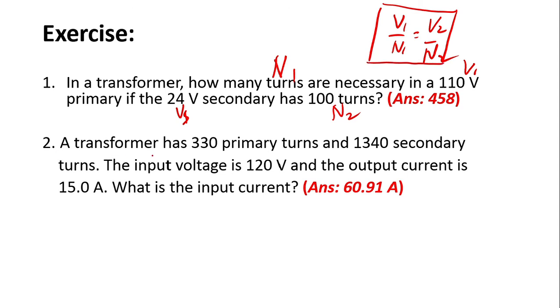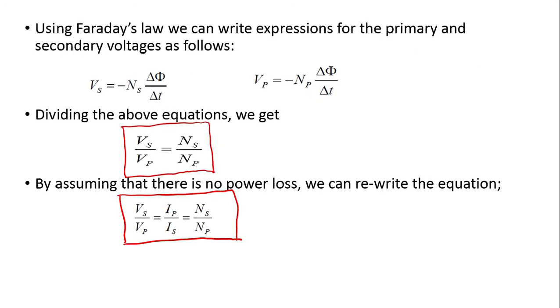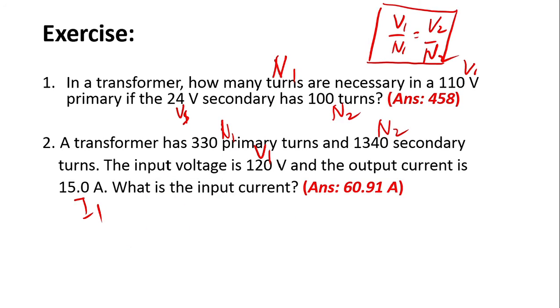Okay, so a transformer has 30 primary turns. Okay, so N1, secondary N2, the input voltage V1, output current I1. What is the input current? So, daripada formula yang ini kan, this one. Okay, so dia dah bagi awak nilai V dengan I, betul?